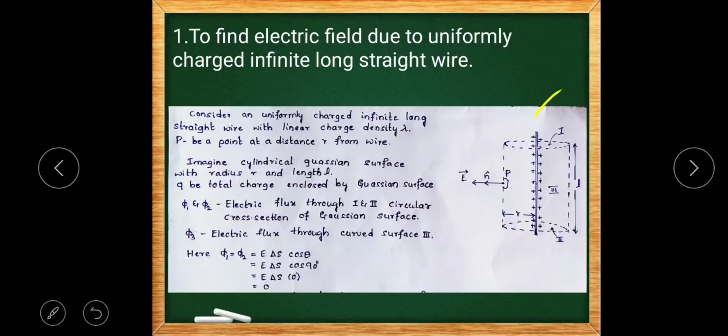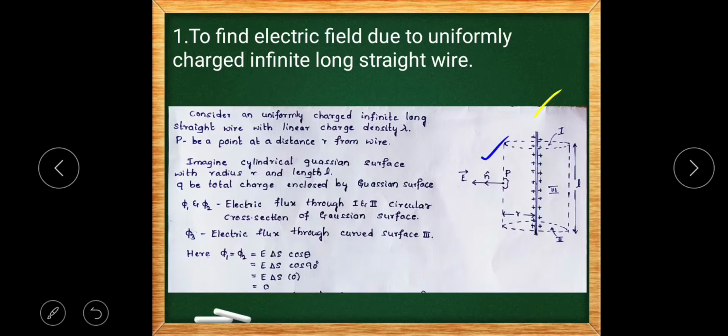Now point P is a point at a distance r from the wire. Here we are considering a small area element at which point P is considered, and n cap is the unit vector normal to this area element.